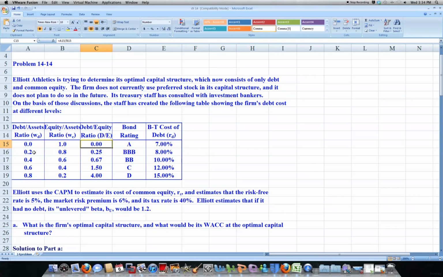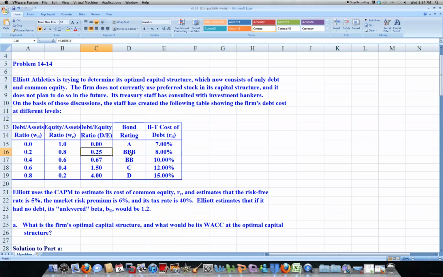Now, as you can see, as the debt to assets goes to 20%, or 0.2, and equity to assets is 80%, or 0.8, our debt to equity ratio, which is our debt to asset ratio divided by our equity to asset ratio, equals 0.25.